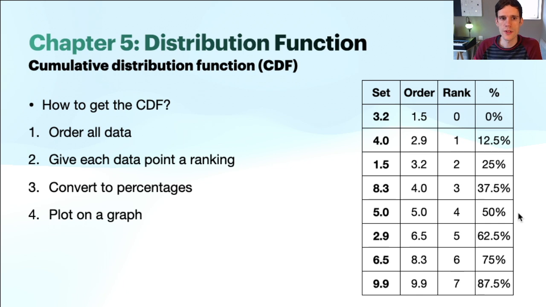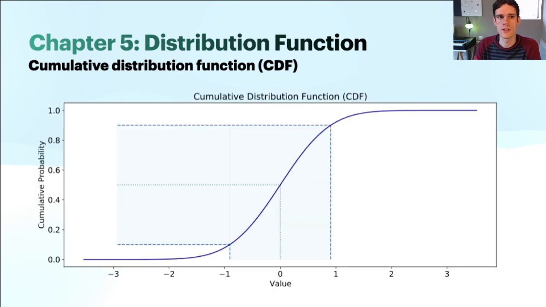So now the fourth step is to make this a visualization. So we want to plot these percentages and the corresponding values of our dataset onto a graph. And if we do this, then we get the familiar visualization of the Cumulative Distribution Function. And for a normal distribution, which we will see in the code in a brief while, it looks like this. Now, how do we interpret this?